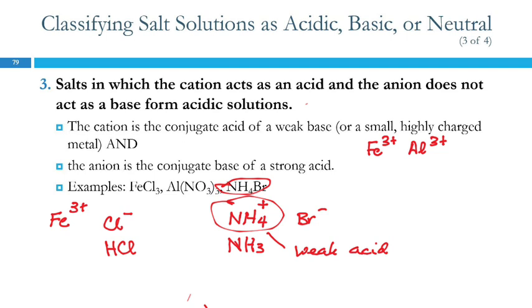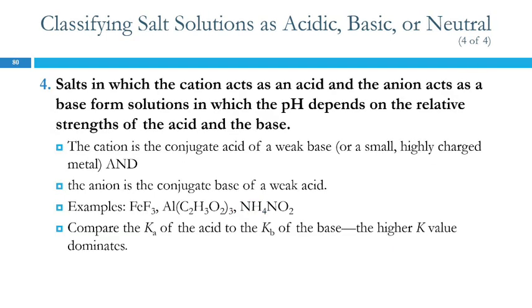And then the fourth group is a mess. Here we've got the cation acting as an acid and the anion acting as a base. So they're competing against each other, right? So is it going to be acidic or basic?